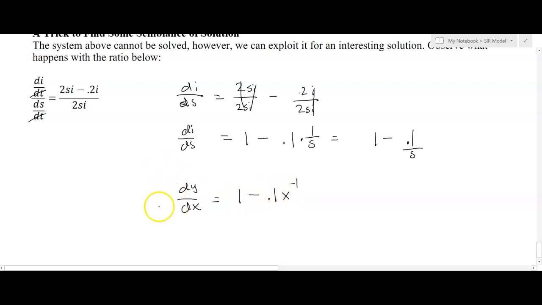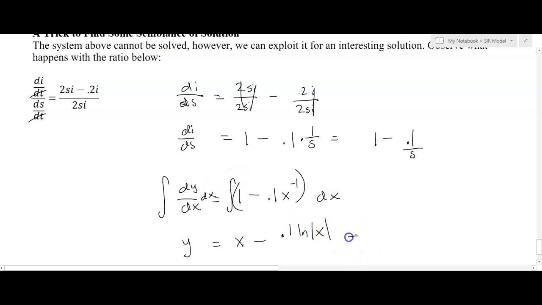Well, all you really have to do is integrate both sides with respect to x, because the right-hand side depends only on x, and so the integral of the derivative of y is just equal to y, and the integral of 1 will just be x minus, and then here we have to integrate 1 over x. Oh, I'm sorry, the integral of 1 over x is the natural log of x. So the natural log of x.